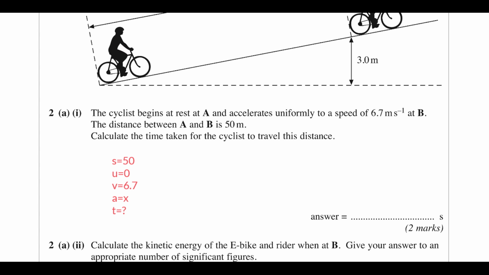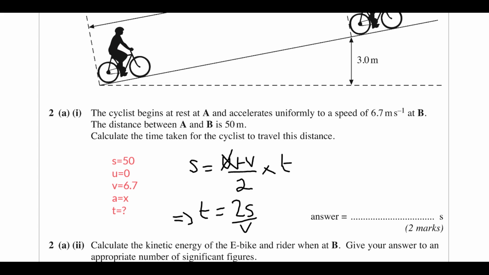So that's the general form of suvat that we are looking for. So we want the equation that doesn't have A in it. So that's this one right here: S equals U plus V over 2, times T. U is 0, so let's get rid of that straight away. So T is 2 times the displacement divided by the final velocity.